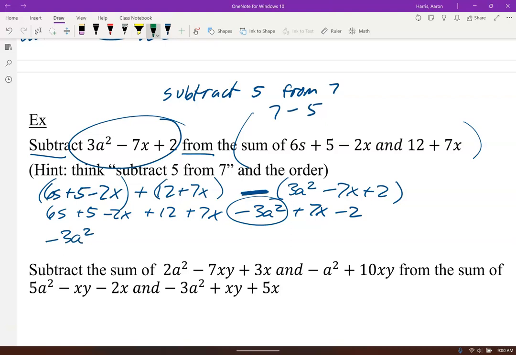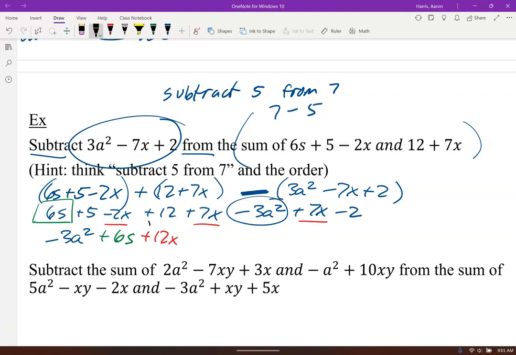Now let's look at s's. 6s. I think 6s is my only s there that I see. Now let's go to the x's. Minus 2x plus 7x, that's 5x, plus another 7x, that's 12x. Negative 2 plus 7 plus 12, 12x.